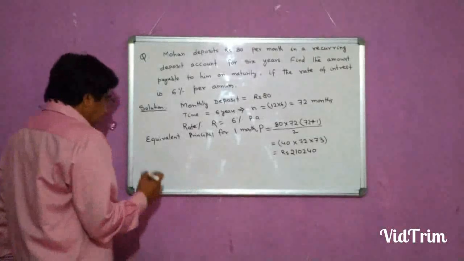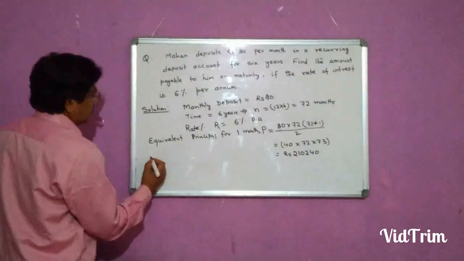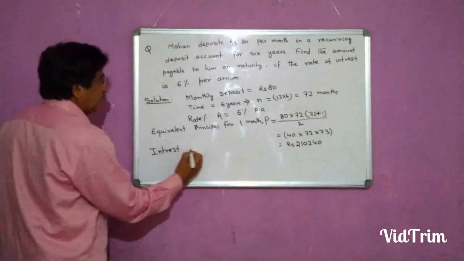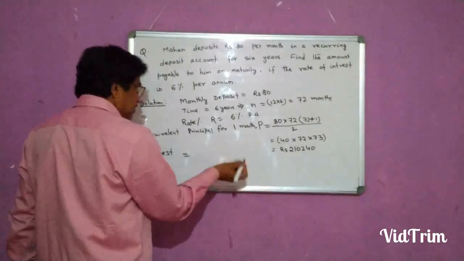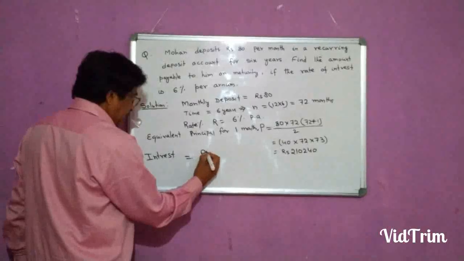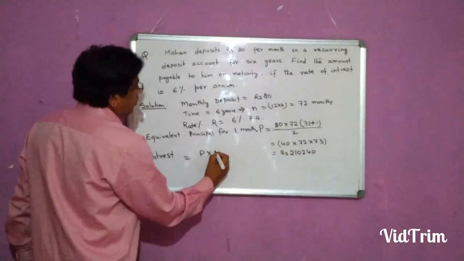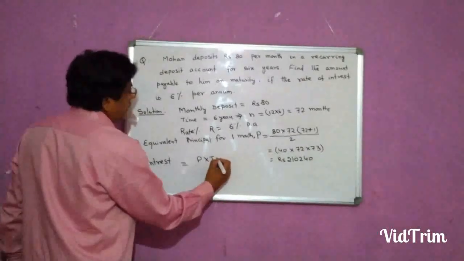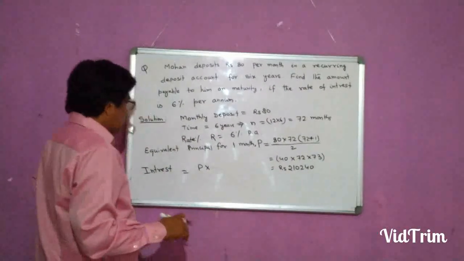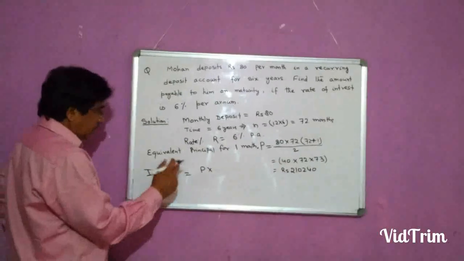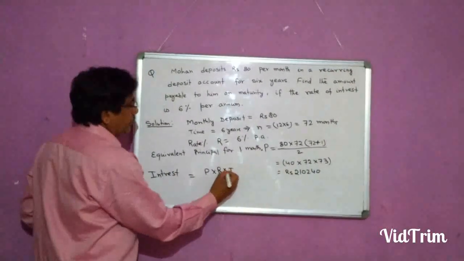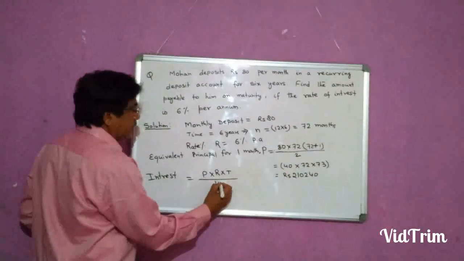Now the next step is we have to find out the interest. Second step is interest. Interest is P into R into T by 100.